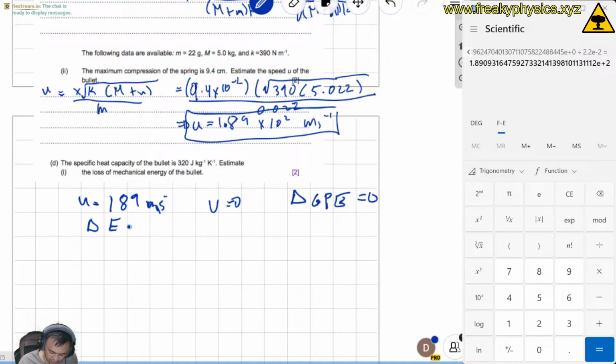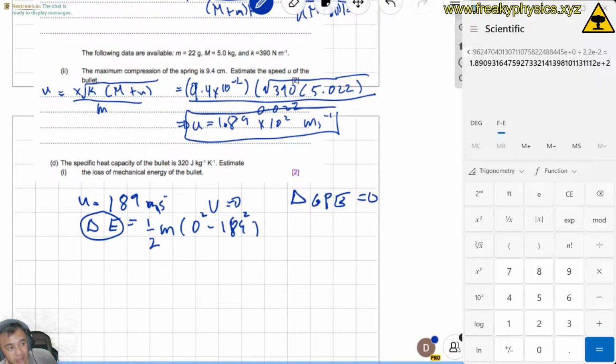Therefore, this is just equal to 1/2 mass times the change in the speeds squared, 0 squared minus 189 squared. It's okay to have a negative answer here because we're looking at the difference, not the actual kinetic energies.